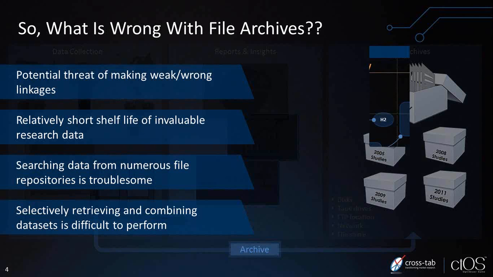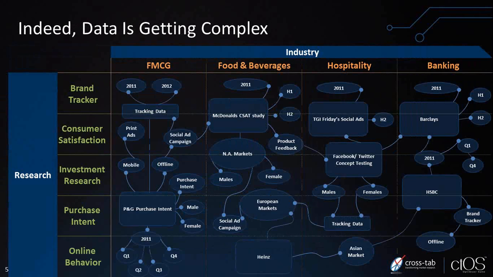So just to depict the complexity and the weak linkages that this kind of file format, or literally storing in files, creates: you can see we have depicted a big bunch of studies with some weak linkages that we achieved through file naming or folder naming, and then maybe separating them out into different archives.